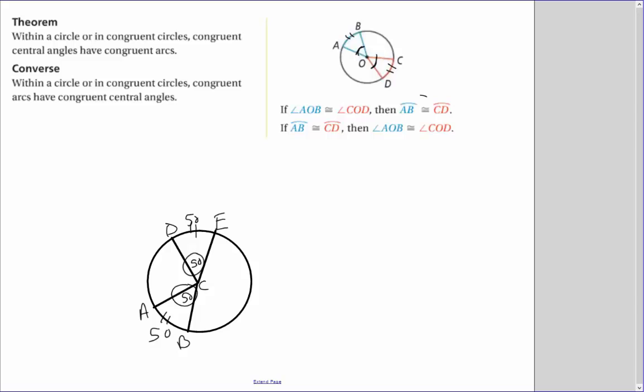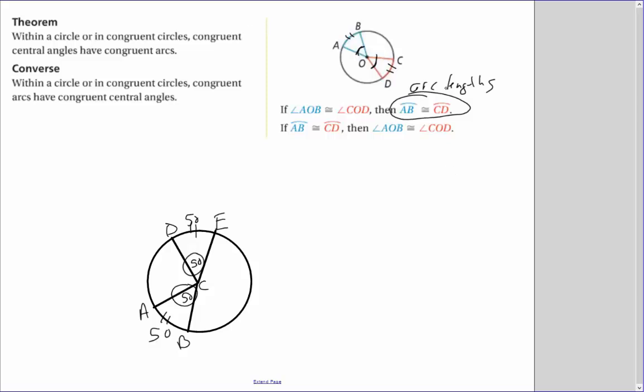And remember that these, AB, are arc lengths. It's also referring to the arc measures. So if the arc lengths are equal, the central angles are equal, or vice versa.